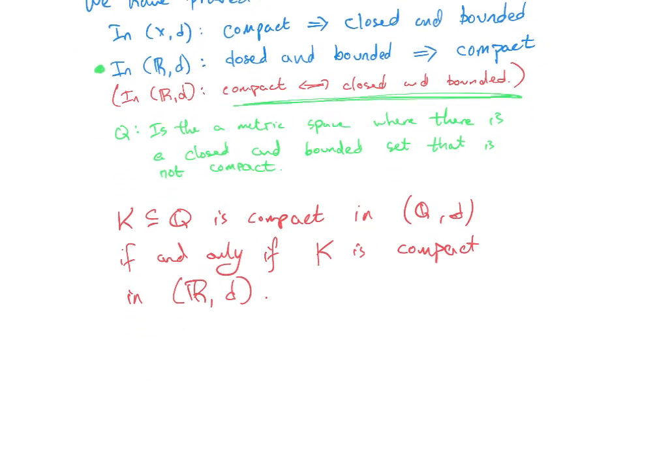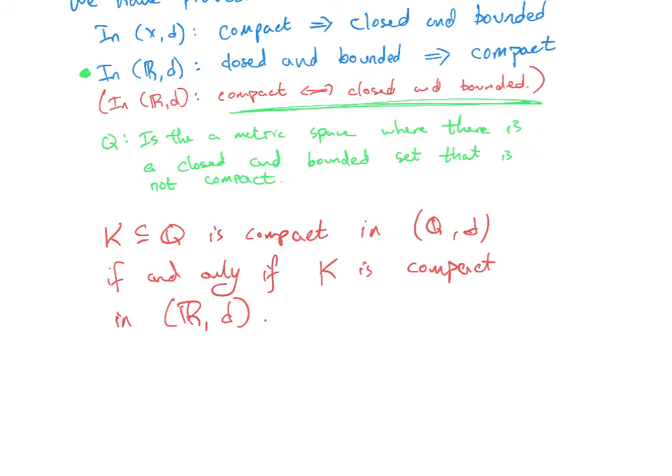So, let me simplify Benjamin's construction. Let's just do 0. Consider that interval in the rationals with the standard metric.